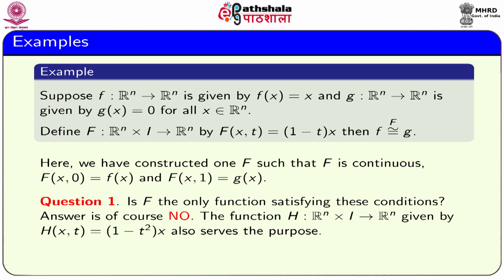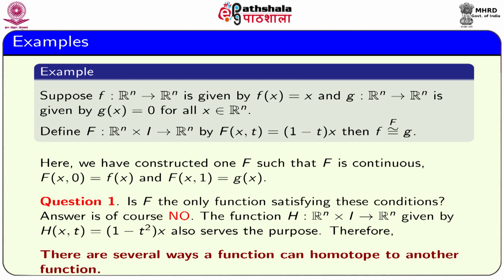Then this capital H also serves the same purpose, because capital H is still continuous, H(x,0) is f(x) and H(x,1) equal to g(x). Therefore, there are several ways a function can be homotoped to another function.